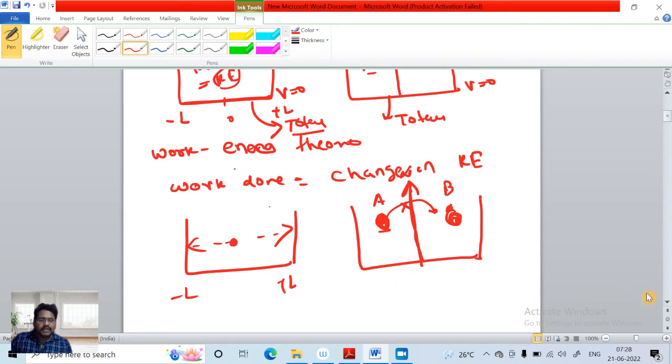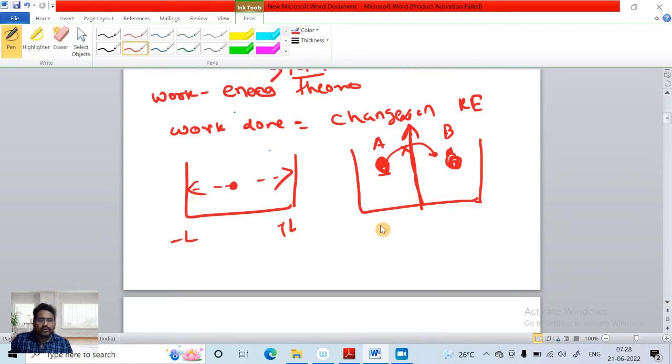That's why your system becomes either this one or this one, which goes from minus L to 0 or 0 to L.